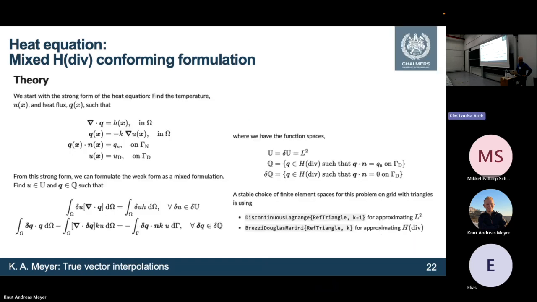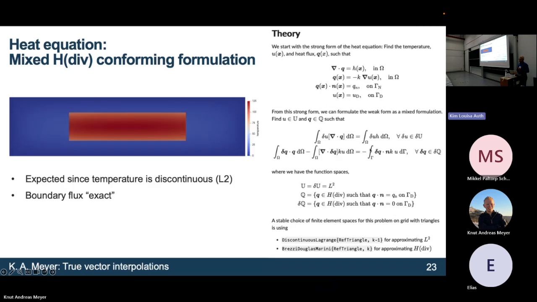But if you look at the formulation, that's exactly what you said you wanted, to solve the temperature where the temperature is actually in the L2 space. So it is discontinuous. Is it correct physics? I don't know. It's a worse approximation than the standard problem. But on the other hand, if you calculate the flux at the boundary, it's actually in equilibrium, as opposed to if you do that for the standard heat equation problem.